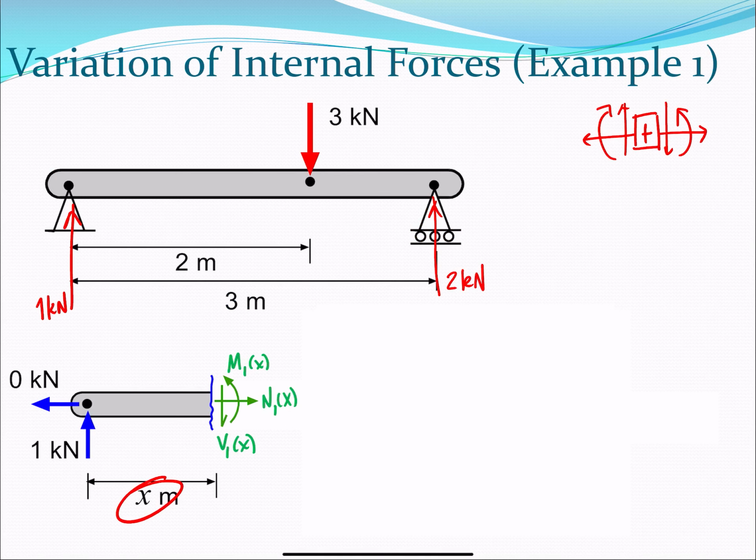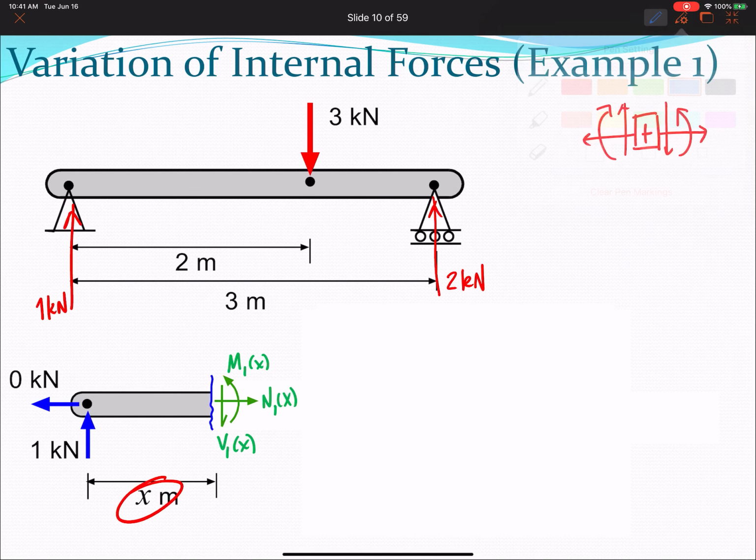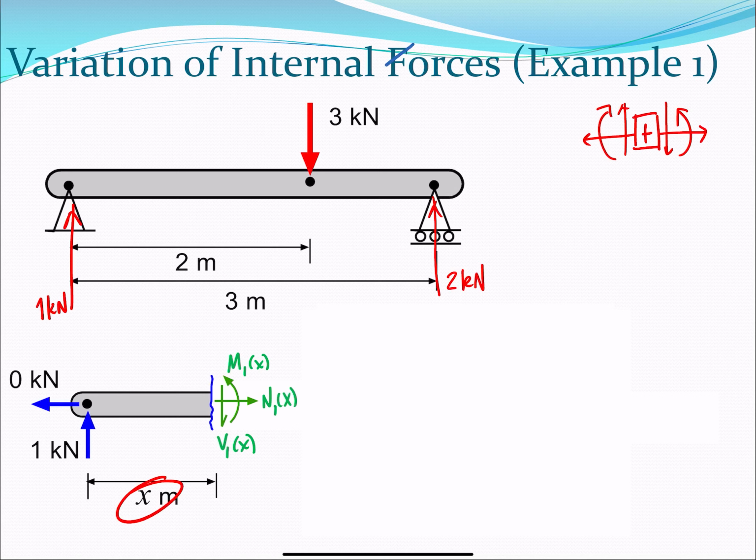take a look at this load on top. Let me use a different color, maybe blue. Take a look at this load on top. It's clearly a discontinuity on my beam.